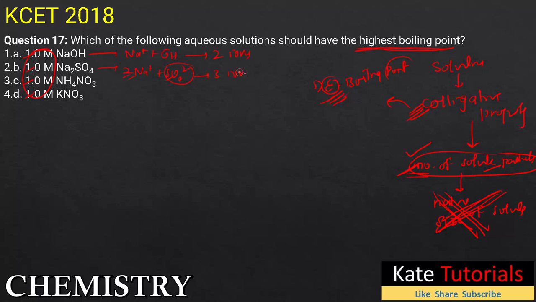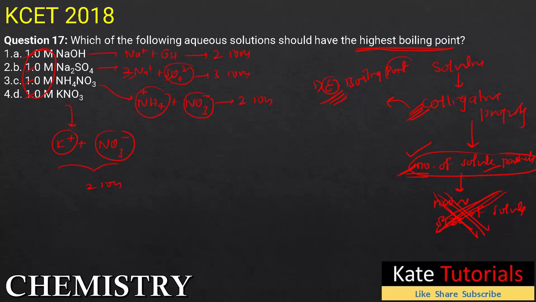In option C, ammonium nitrate gives ammonium plus and nitrate minus, so 2 ions. Fourth, potassium nitrate gives K plus and NO3 minus, so 2 ions.